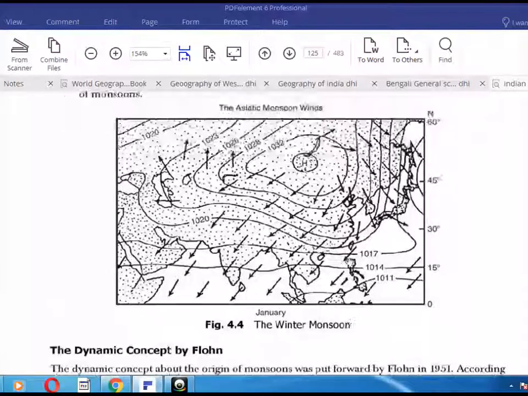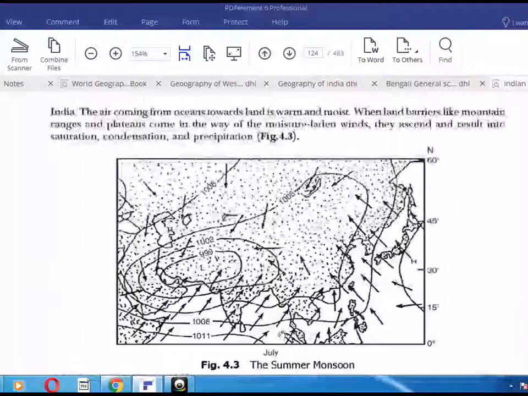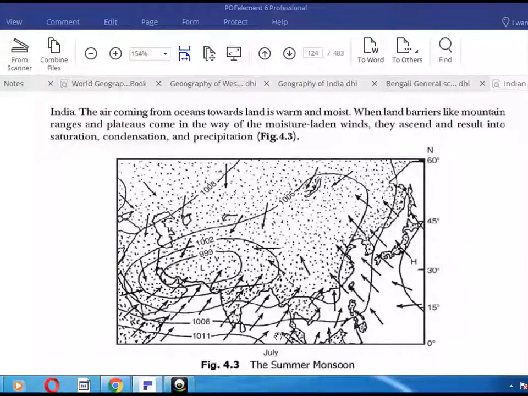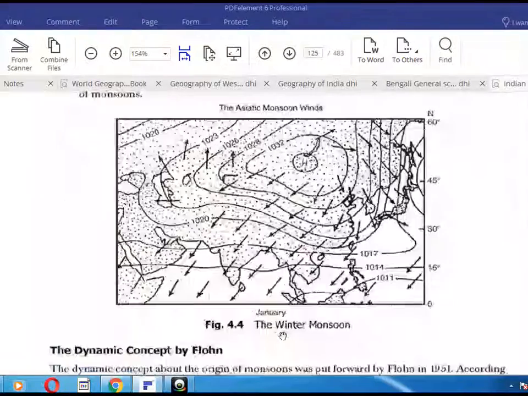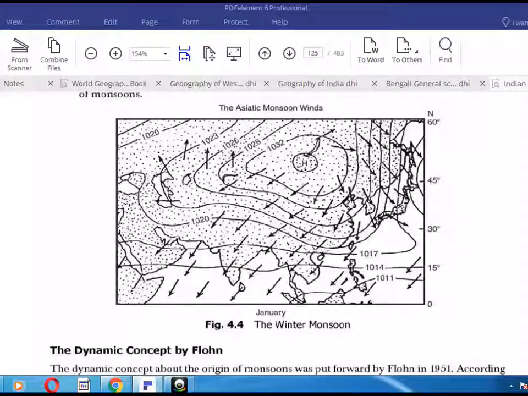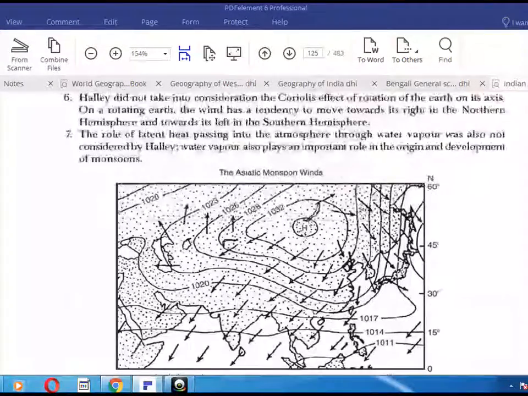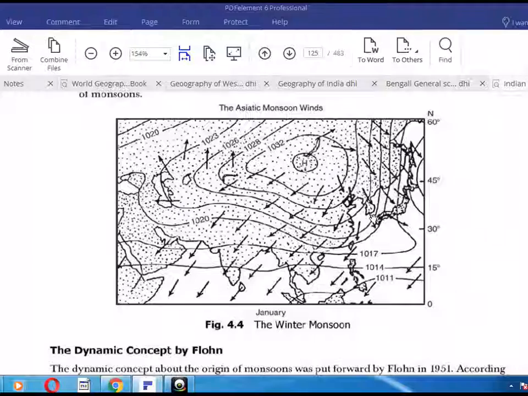Here is the southwest monsoon. So July, it is the July month, and here it is mainly the January month. So here is the setting monsoon. Here you can see the southeast monsoon.